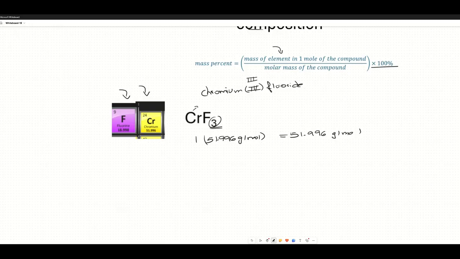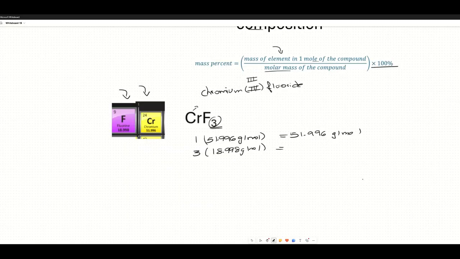Then I have the fluorine. Whenever we talk about 1 mole, we are talking about the molar mass or atomic mass of the element. Here in fluorine I have 3 fluorines, and the atomic mass is 18.998 grams per mole.